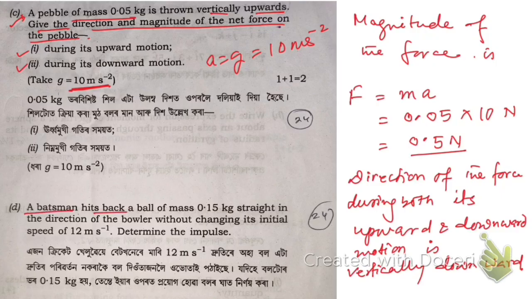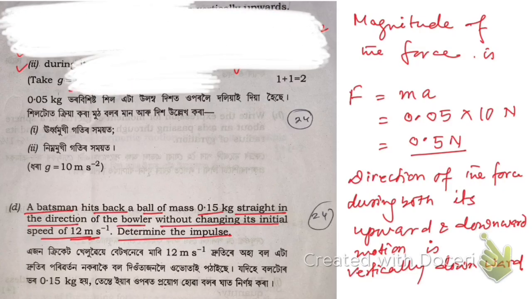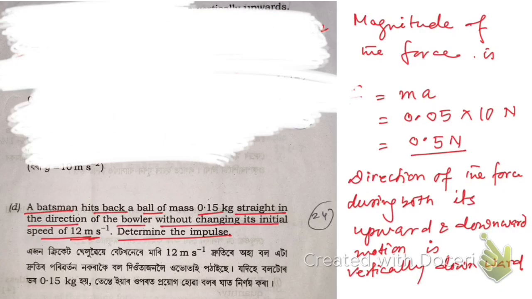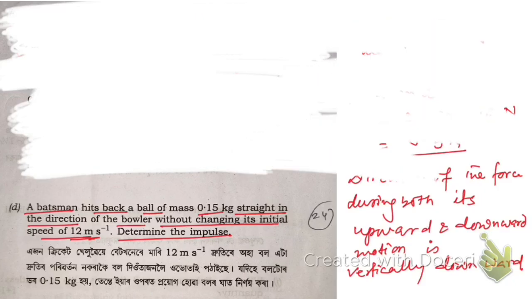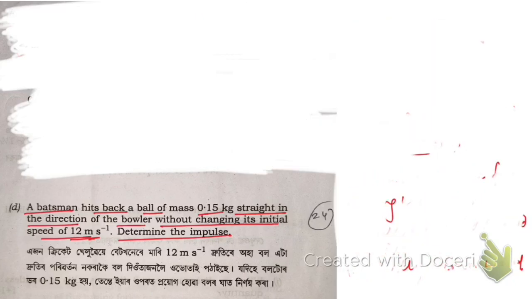A batsman hits back a ball of 0.15 kg straight in the direction of the bowler without changing its initial speed of 12 meter per second. Determine the impulse. Impulse is given by change in momentum. So let me clean this first to solve this problem. These two questions were asked in 2024.